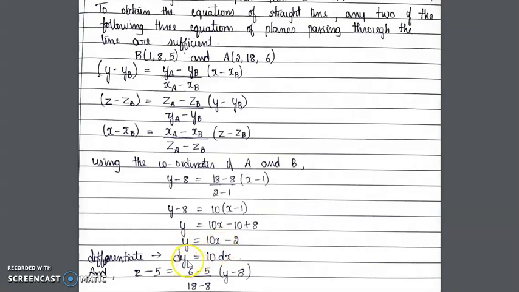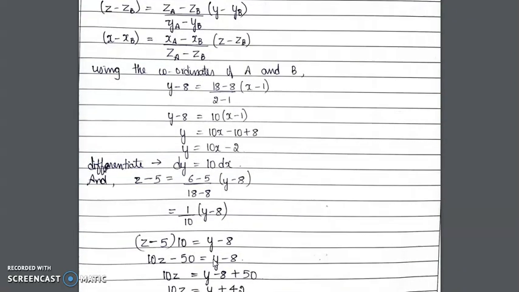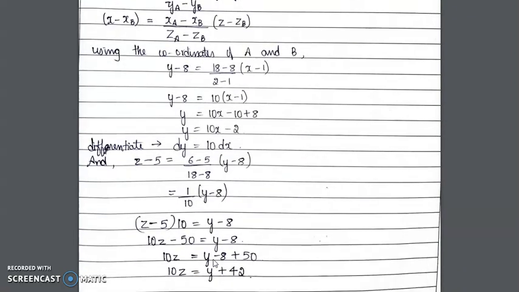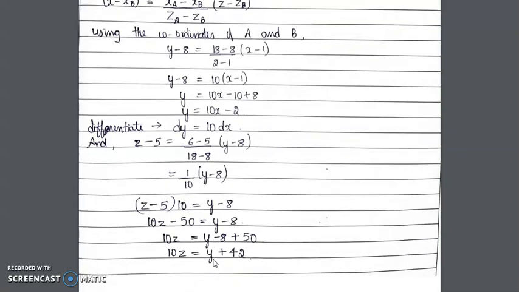Similarly, to obtain dy, if you differentiate this equation with respect to x, you will get dy is equal to 10 dx. Similarly, if you substitute z and y in the second equation, you will get 10z is equal to y plus 42.